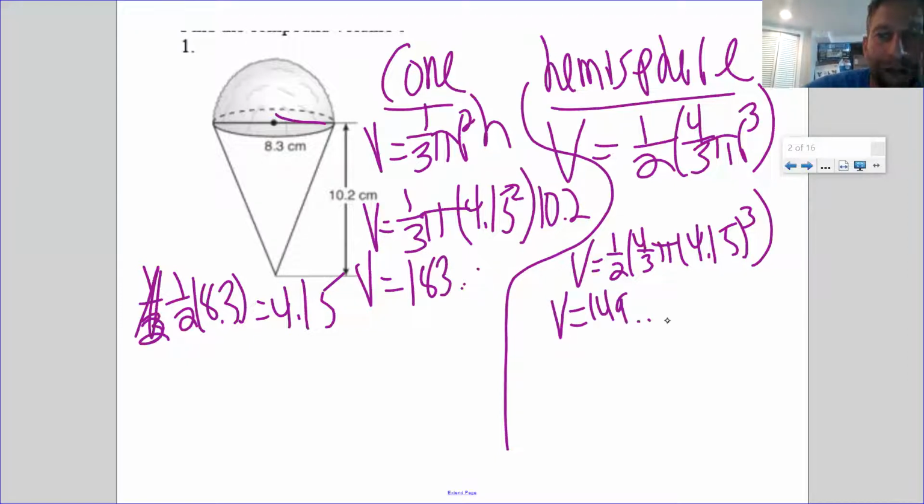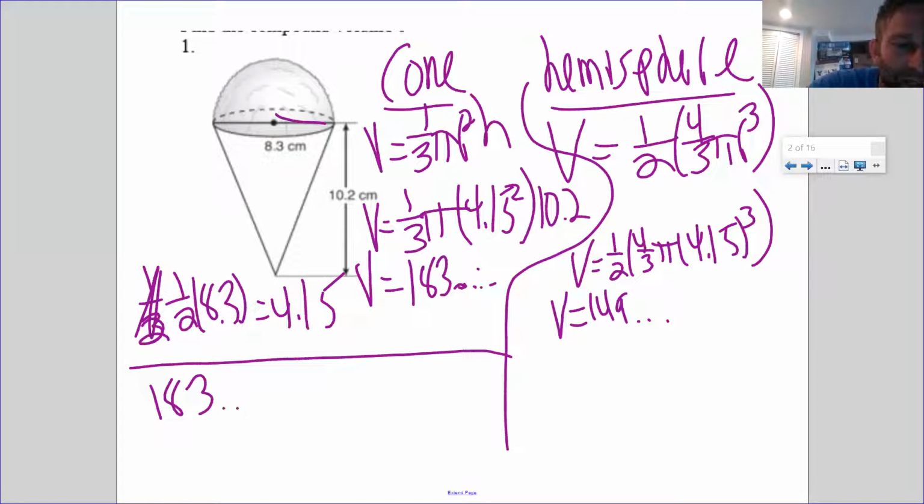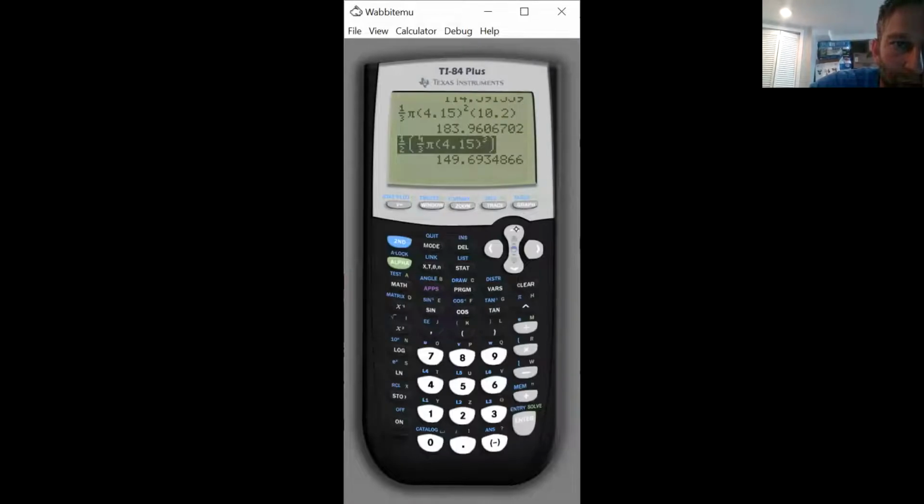So again, if I want to find the volume of the whole thing, the amount of space the whole thing takes up, I'm going to take the volume of each shape and add them together. And remember we talked about don't round until the very end. So I'm going to copy and paste that, and copy and paste that.